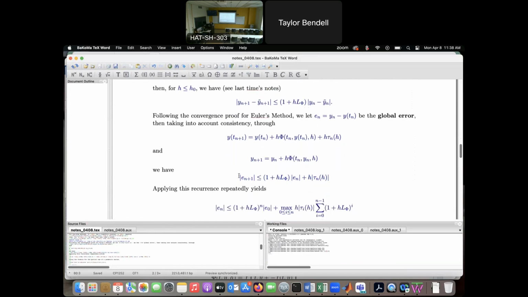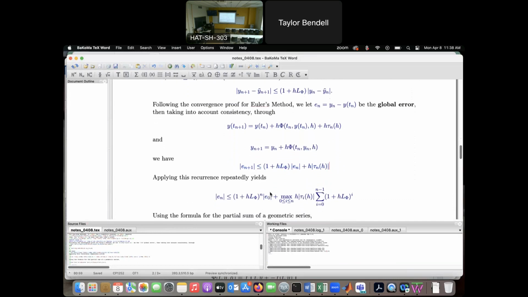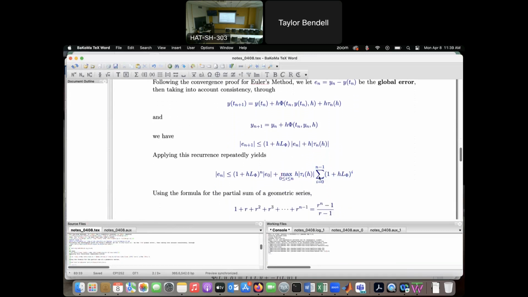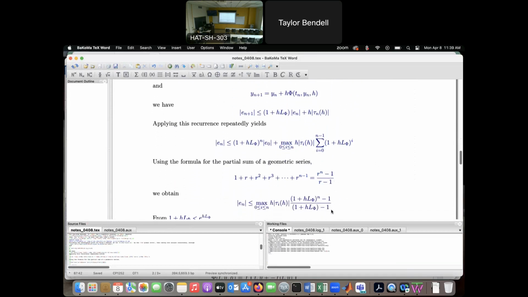Then we apply this relation repeatedly. So instead of having a relationship between e n plus 1 and e n, we have a relationship between e n and the initial error, which is 0. So we're just using initial data here. And then applying it repeatedly yields this summation, which we can bound because it's the partial sum of a geometric series, so we use this formula here.